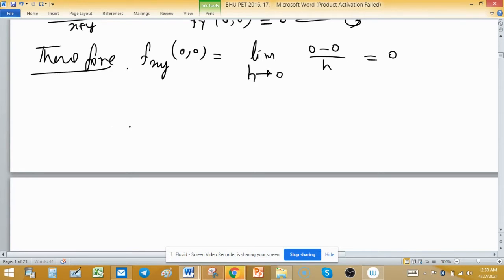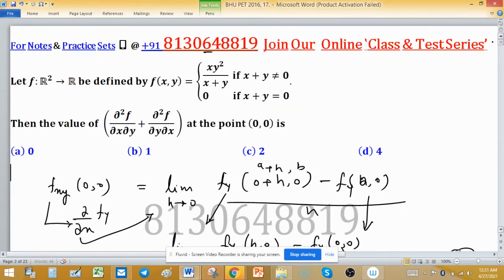Now asked about f_yx at (0,0). Same process here, because we are going to find the value of partial squared f over partial x partial y, plus partial second partial of f over partial y and partial x.